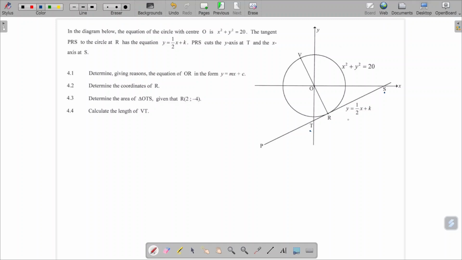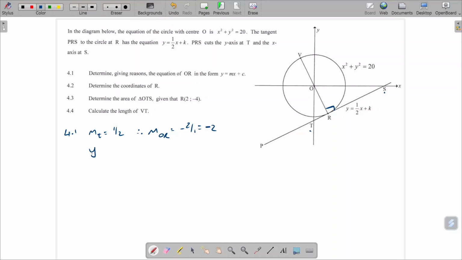Because we've got a radius and a tangent, we know that these lines are perpendicular, and that's going to be the key to this. So 4.1, we know that the gradient of the tangent is a half. Therefore the gradient of OR, the radius, will be -2/1, or simply -2.